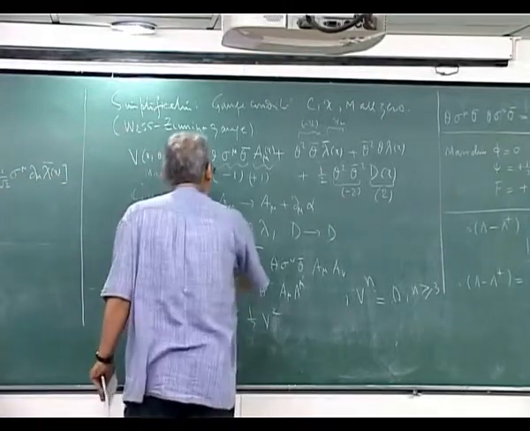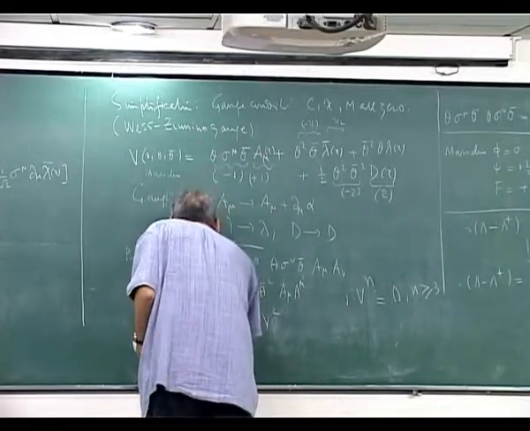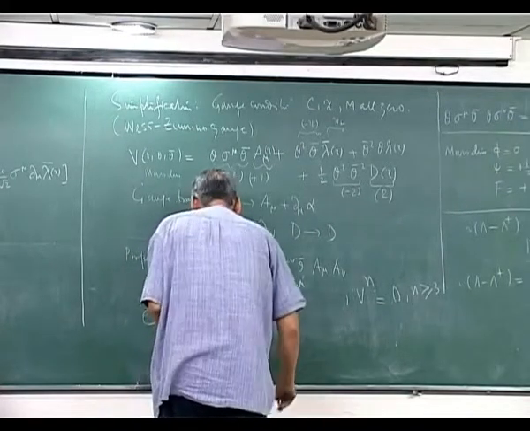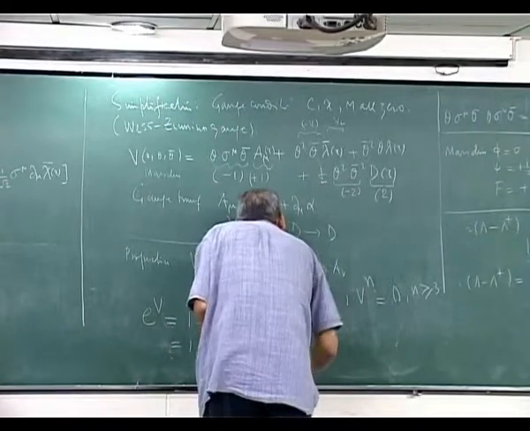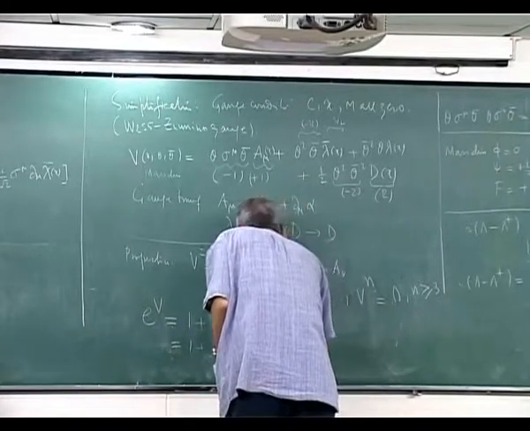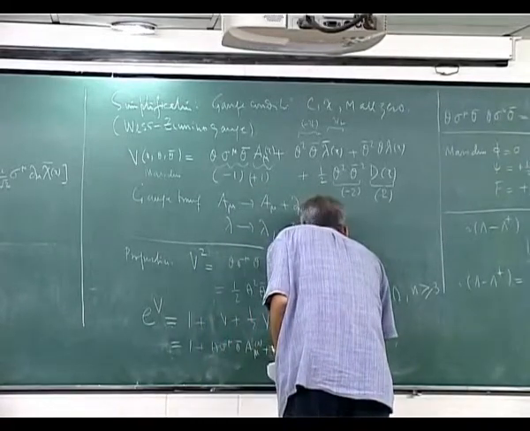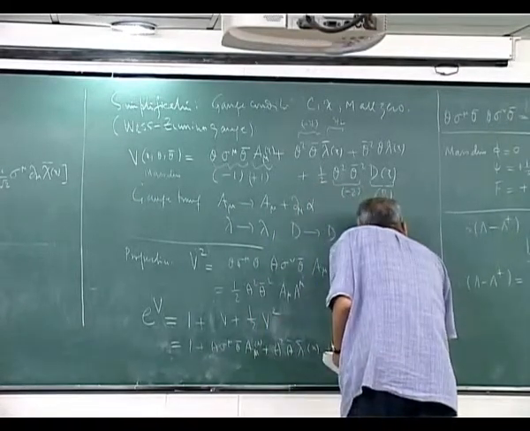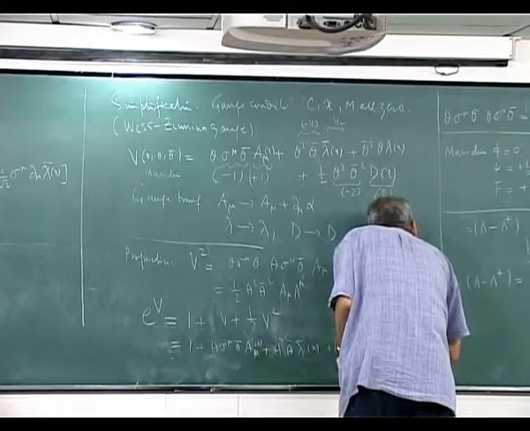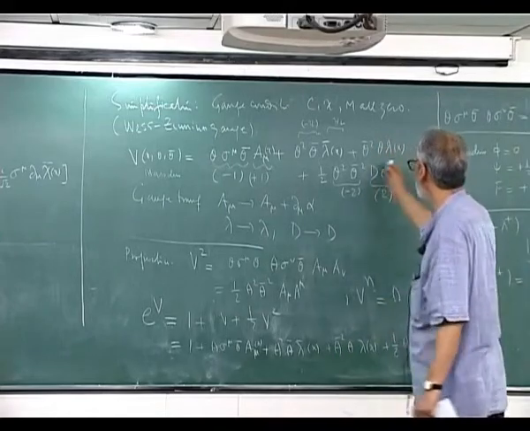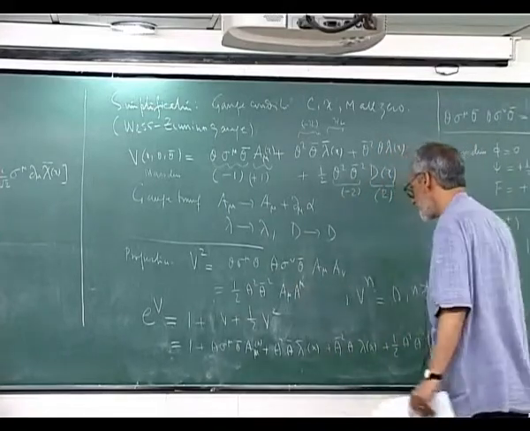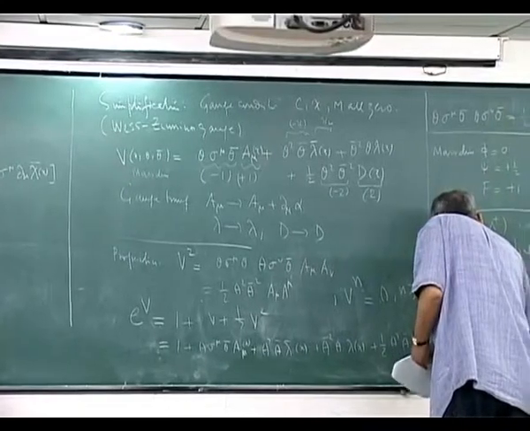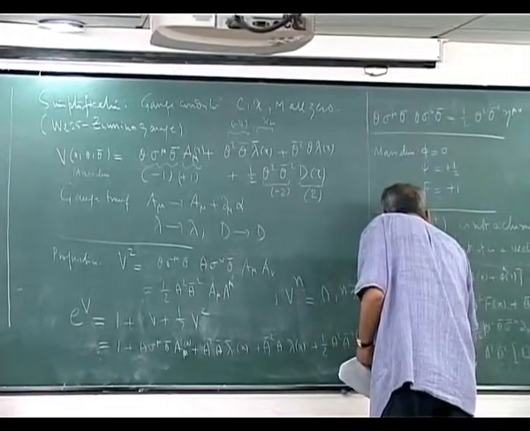And you could put all of them together. So this expansion can be written as 1 plus theta sigma mu theta bar A mu plus theta square theta bar lambda bar of x plus theta bar square theta lambda of x plus half theta square theta bar square D of x, that is this term, plus the square of this, plus half of A mu of x A mu of x.